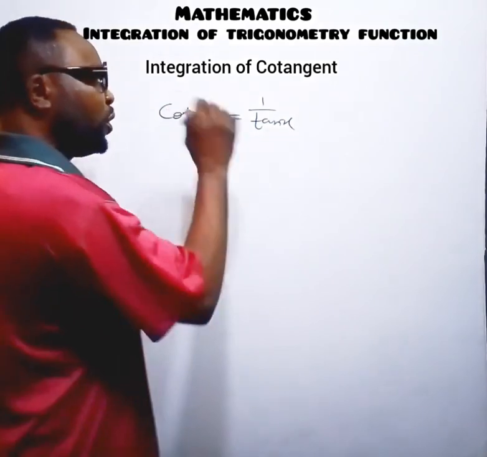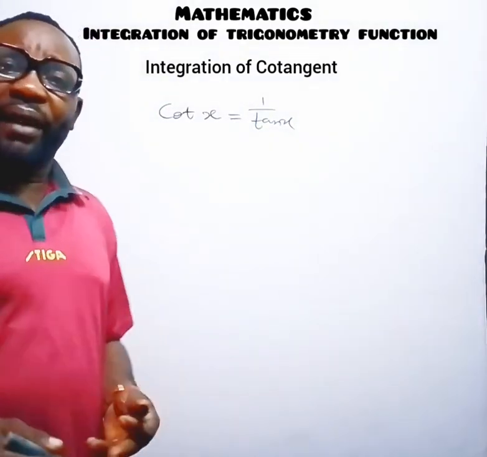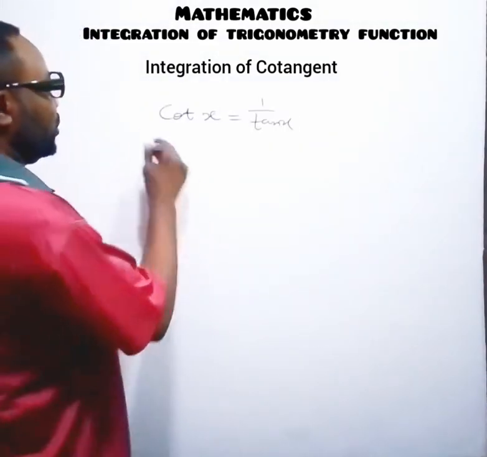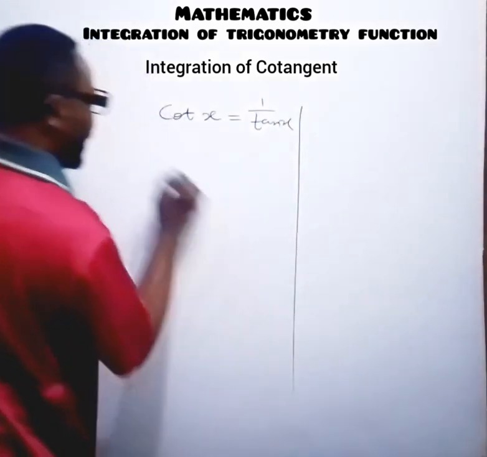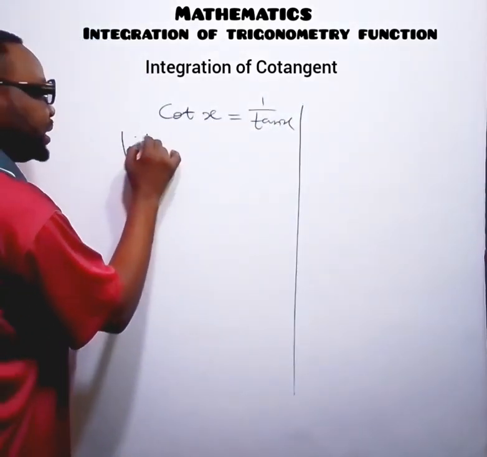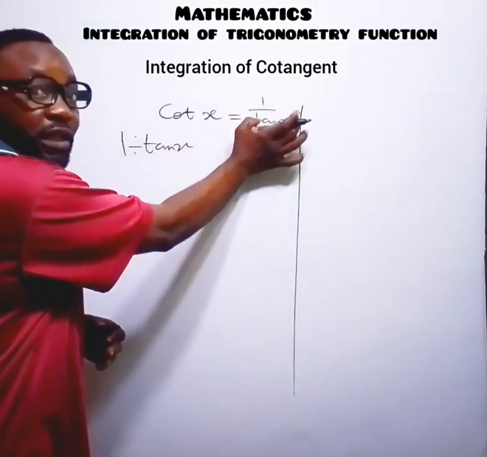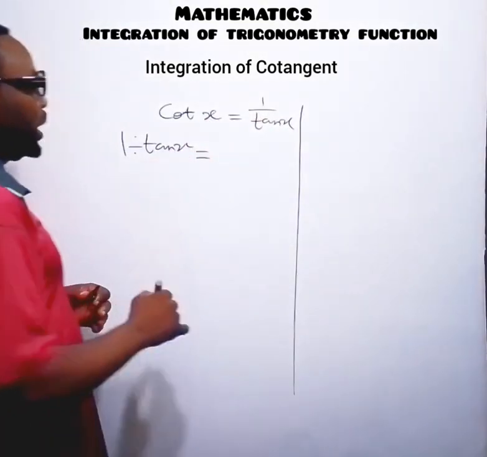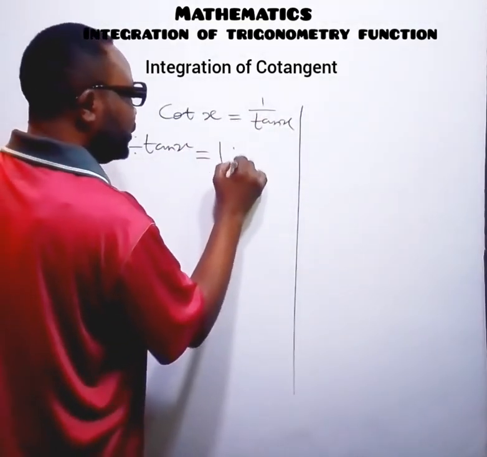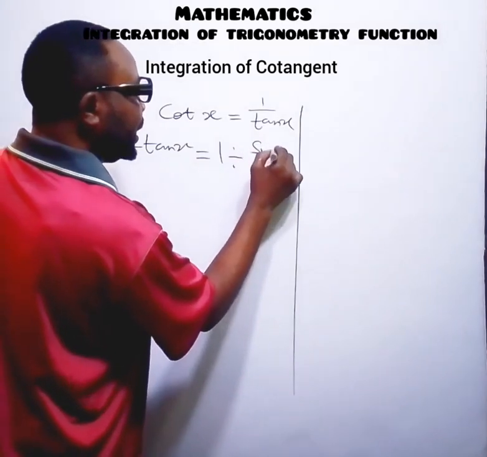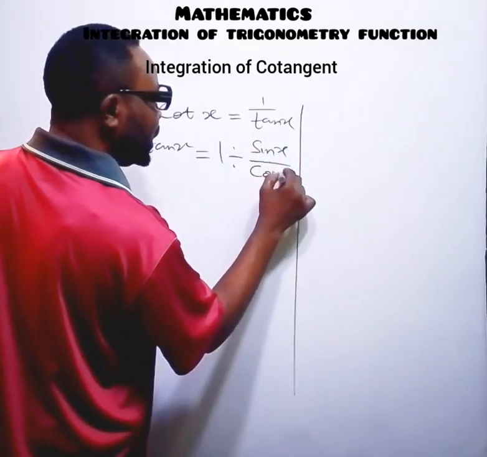Don't forget as well that tan x is sine x over cos x, which means what we are having here is 1 divided by tan x. That is the meaning of this expression, which is equal to 1 divided by sine x over cos x.